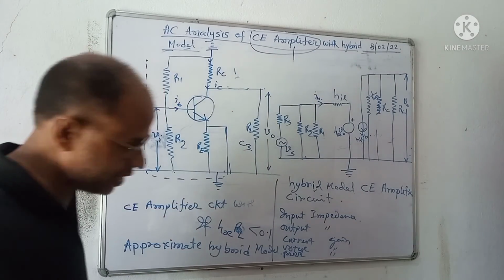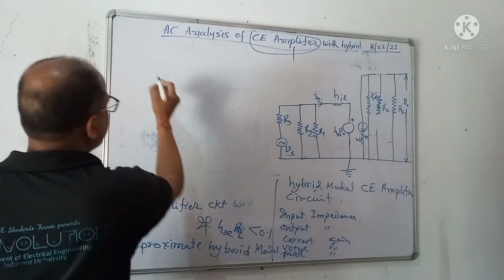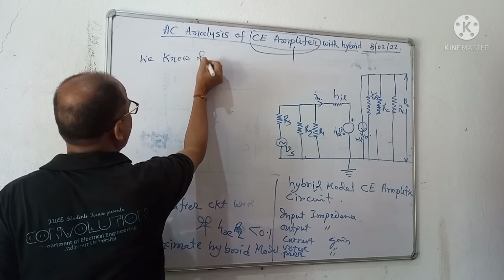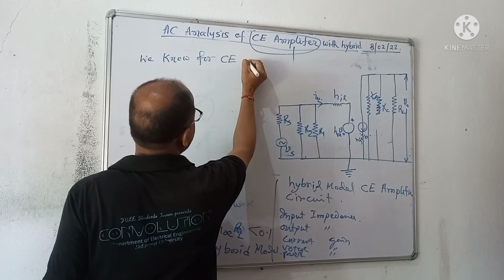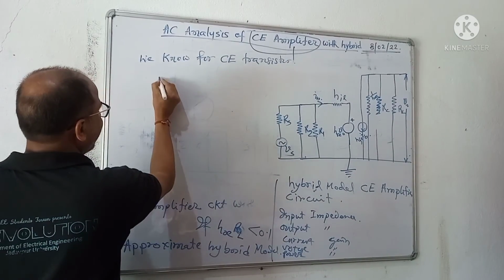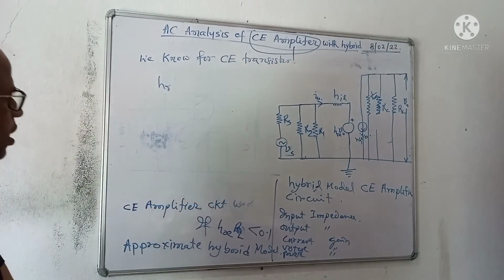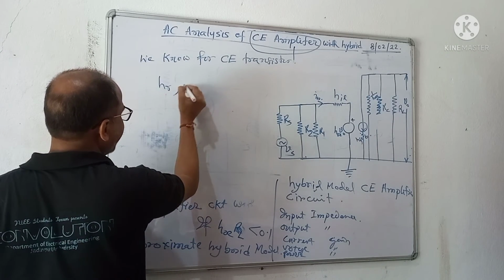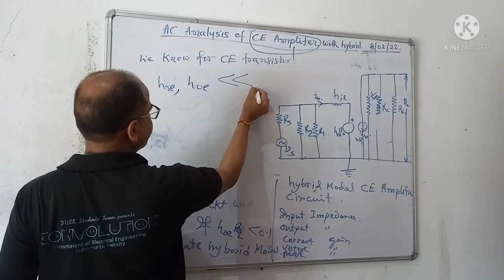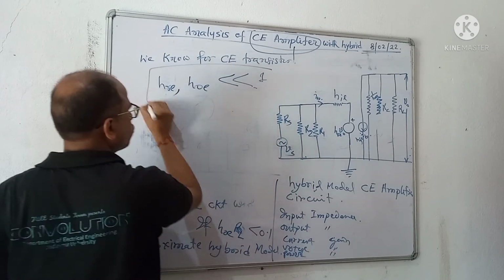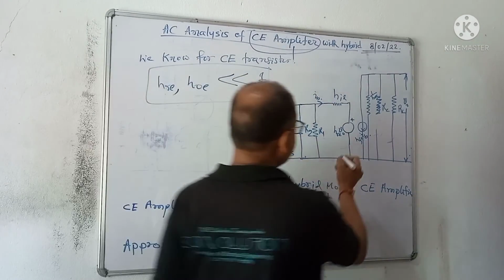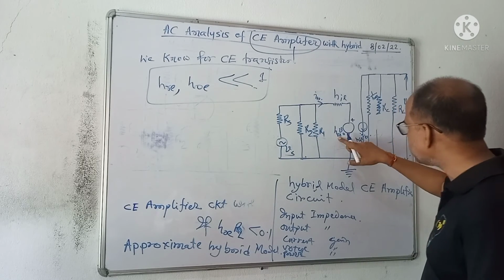Now, how can we simplify? For a common emitter transistor, HRE and HOE are very, very small compared to the others. So HRE is negligible, therefore make it 0.